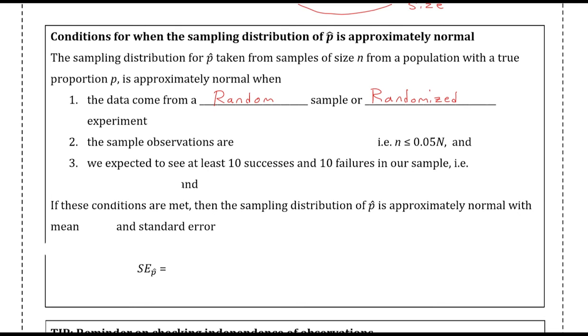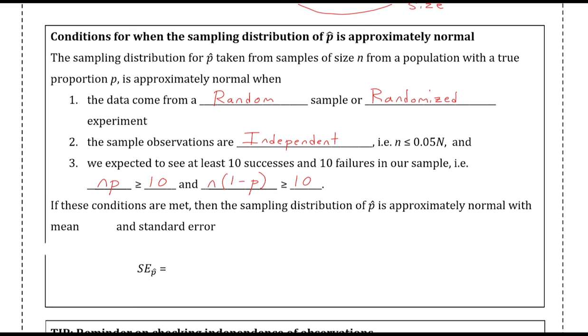The sample observations are independent, which we will verify by checking that the sample size n is less than or equal to 0.05 times the population size, capital N, and we expected to see at least 10 successes and 10 failures in our sample. We can find this by checking that n times p is greater than or equal to 10, and also the complement n times 1 minus p is greater than or equal to 10.